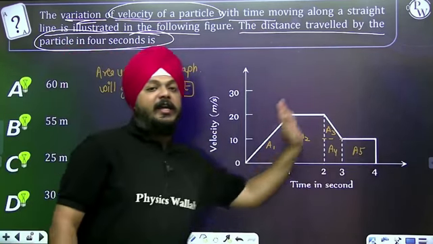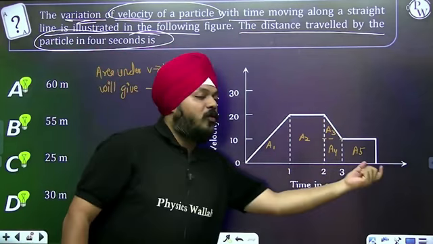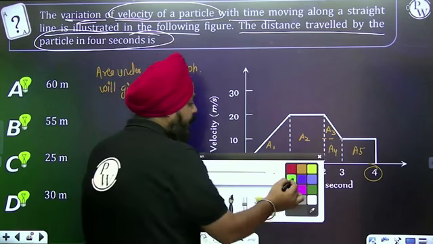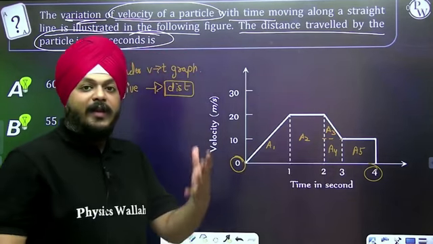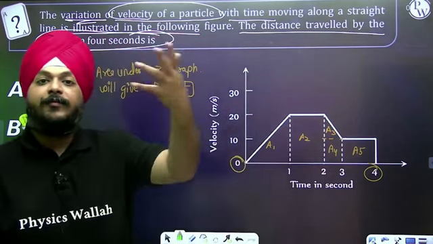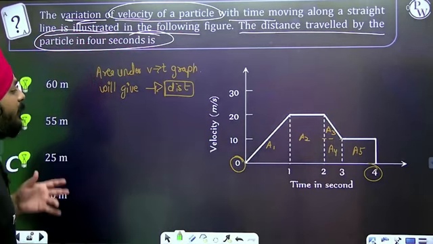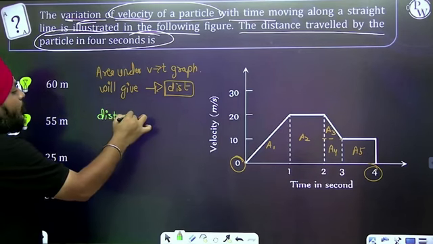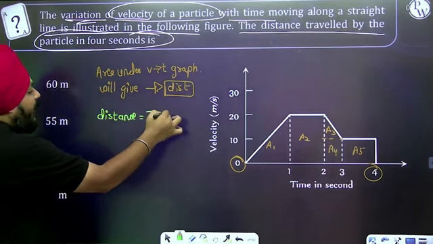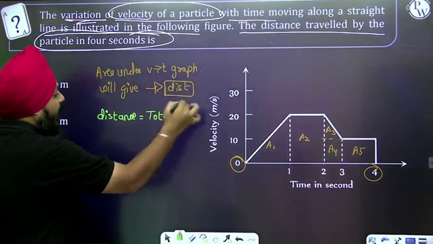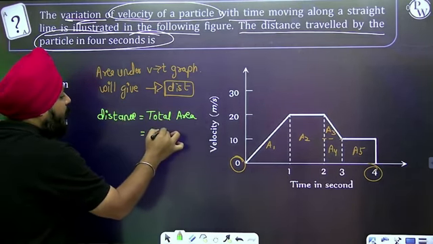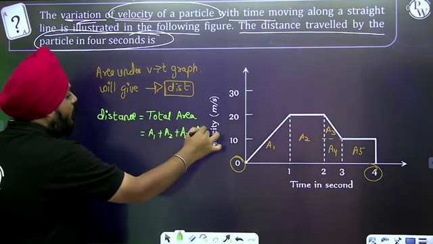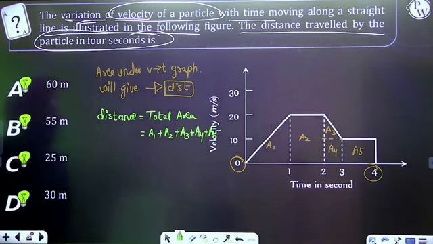The total area under the graph between 0 to 4 seconds will give the actual value of the distance of the particle. So distance between 0 to 4 seconds is equal to the total area, which is A1 plus A2 plus A3 plus A4 plus A5.